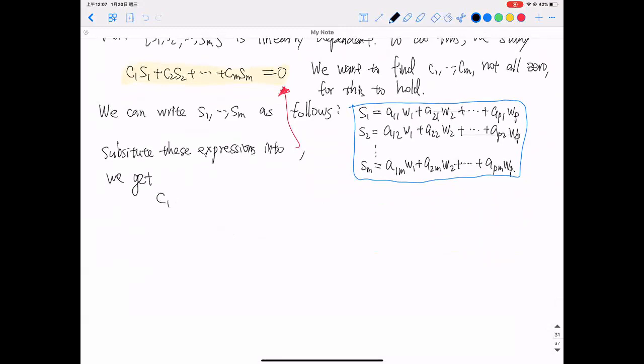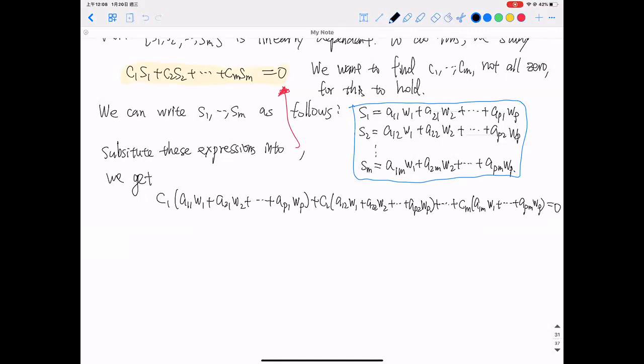C1 times (A11 W1 plus A21 W2 plus AP1 WP), plus C2 times (A12 W1 plus A22 W2 plus AP2 WP), plus and so on up to Cm times (A1m W1 plus A2m W2 plus APm WP), equals 0.